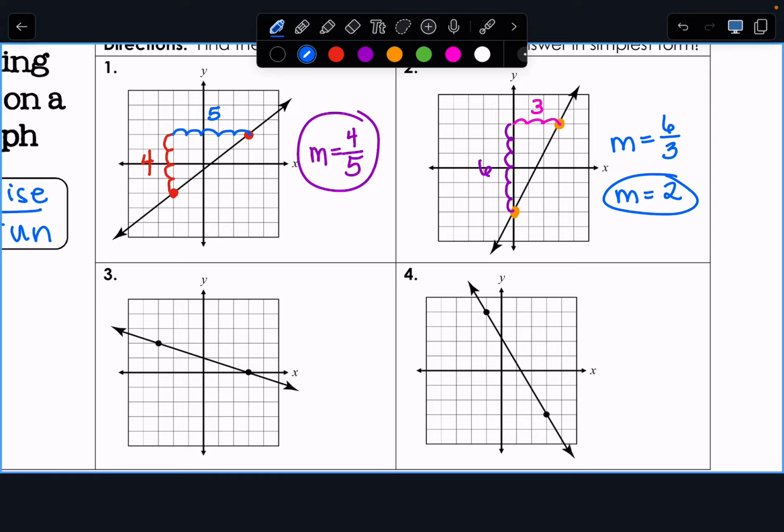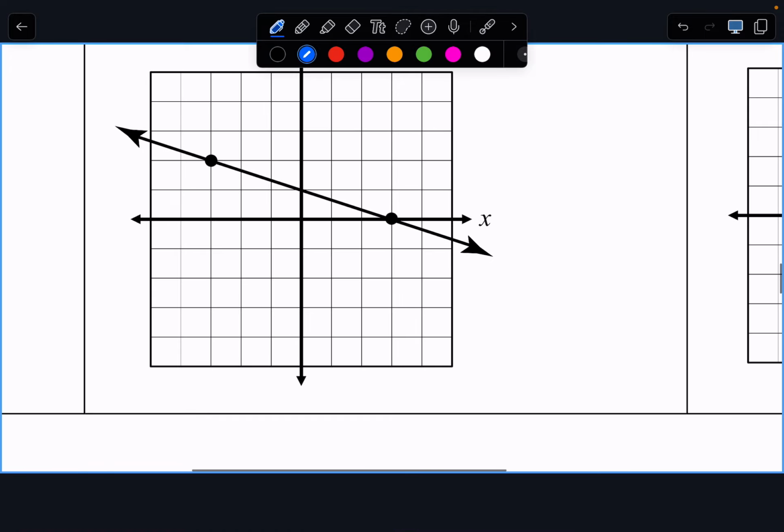We're going to have negative slope. So when we have negative slope, Ellie, we need to go down first. How many are we going to need to count down? 2. And what's the run? 1, 2, 3, 4, 5, 6.